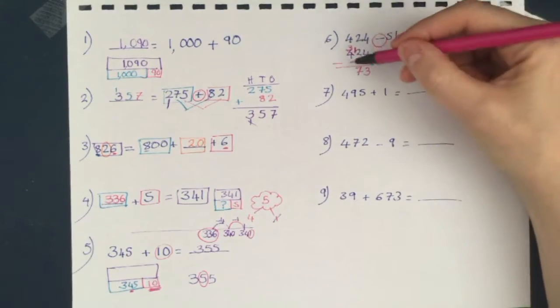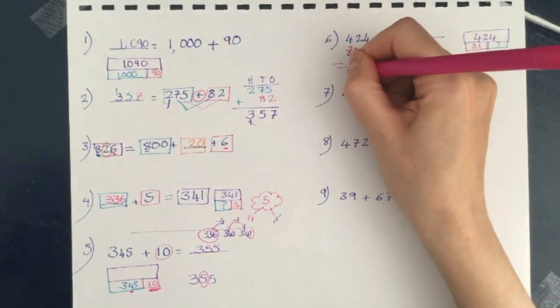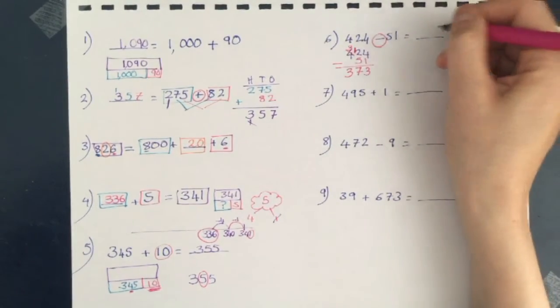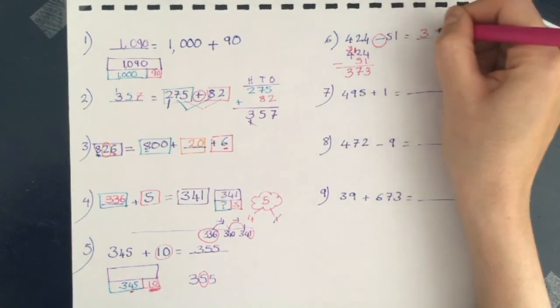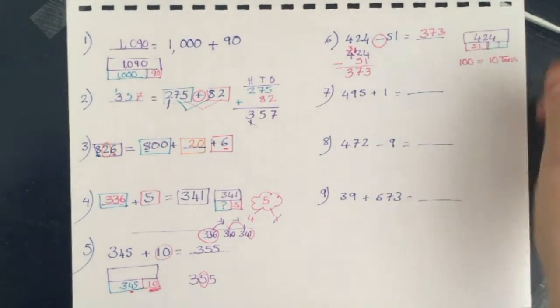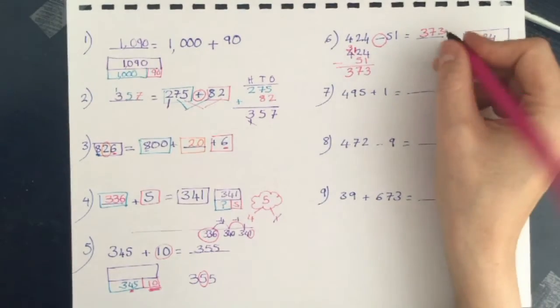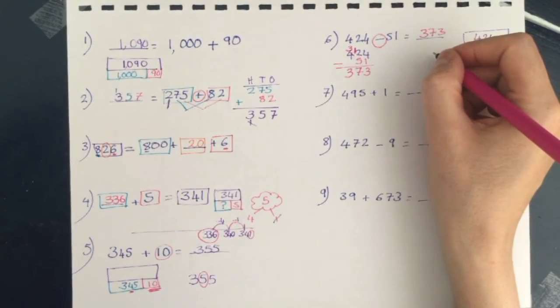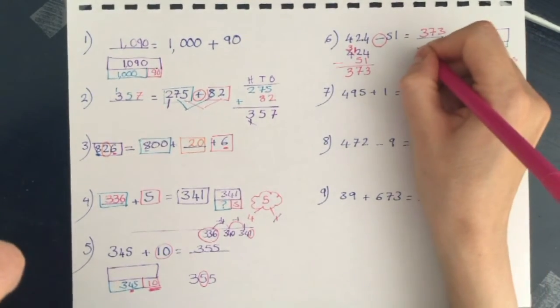And 300 take away nothing equals 300. So my answer would be 373.